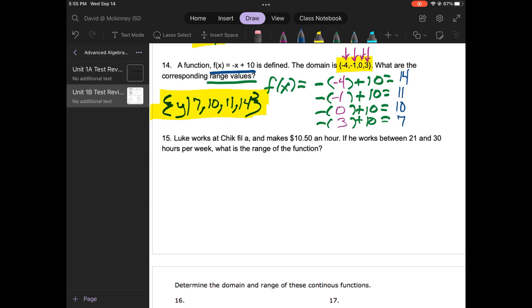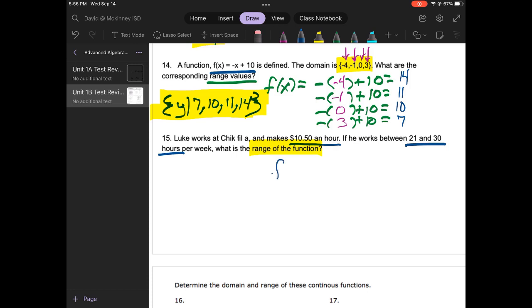15 is a true story problem, and the important thing is to know how to set these up. Anytime I'm doing money problems with functions, my money, the $10.50 an hour, that's going to be a constant. And how many hours I work will always be an x value.